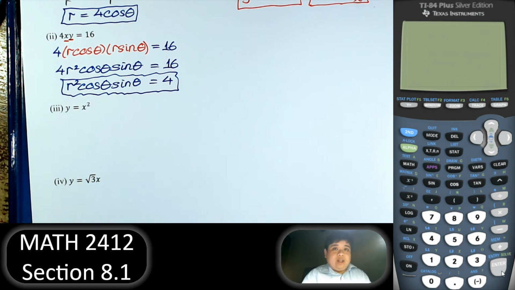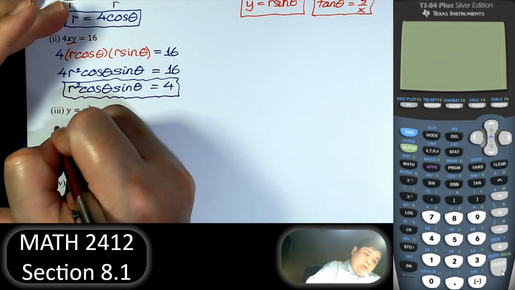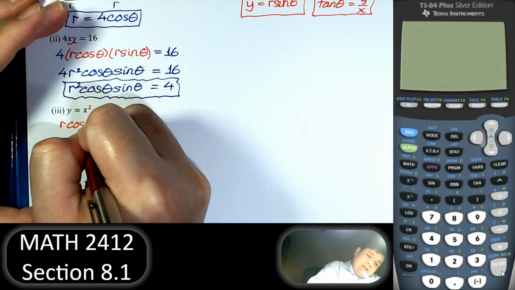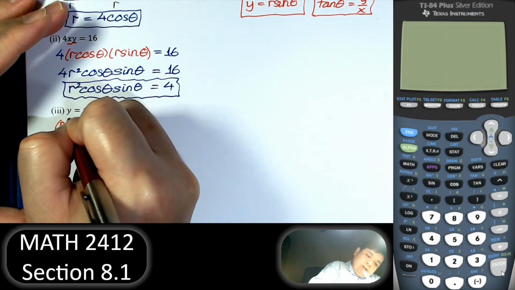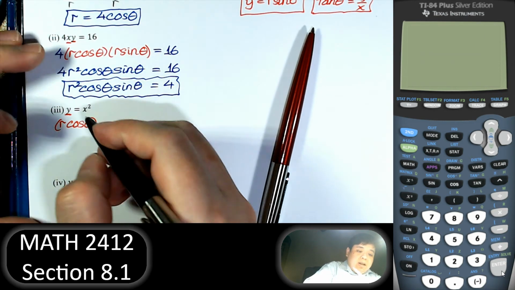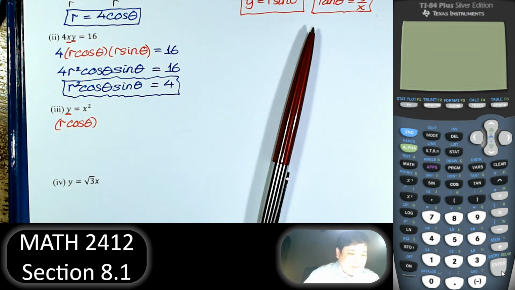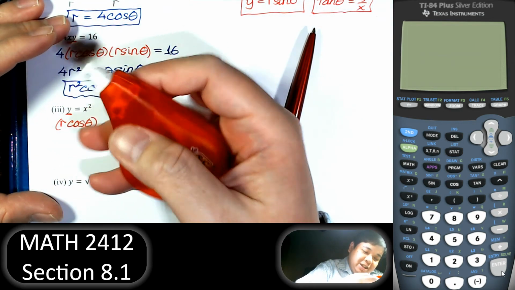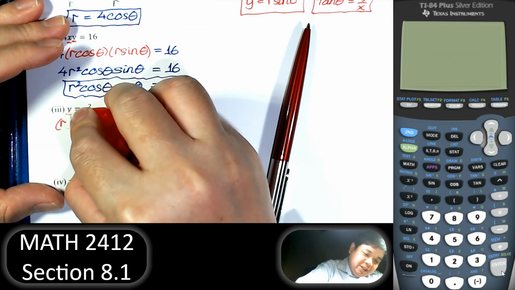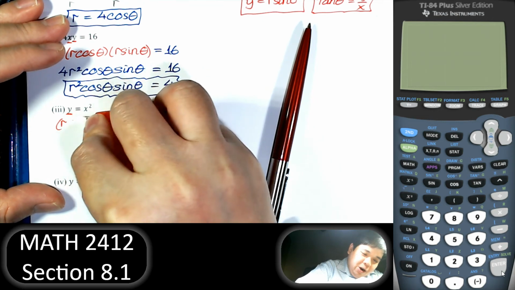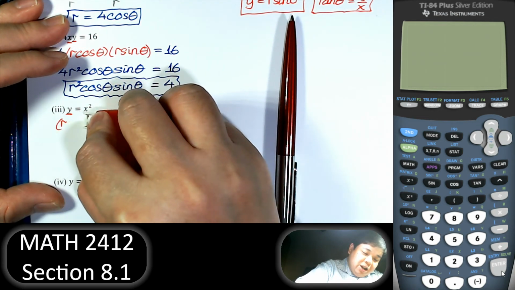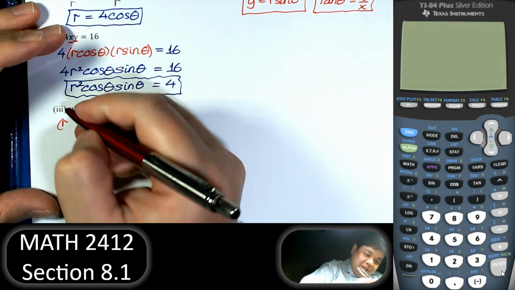Now y equal to x squared. Y is r sine theta, right?